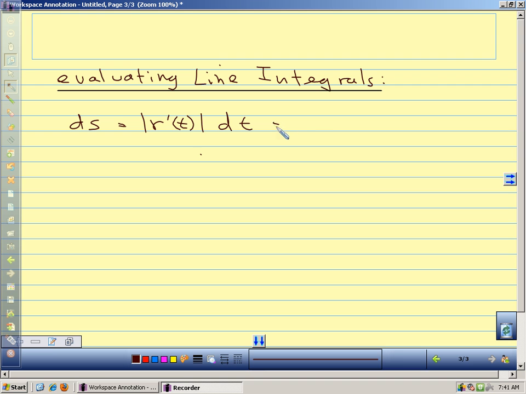And we figured out that this was the square root of (dx/dt) squared plus (dy/dt) squared, dt. This was our arc length parameter.